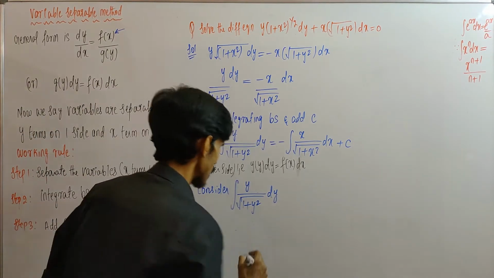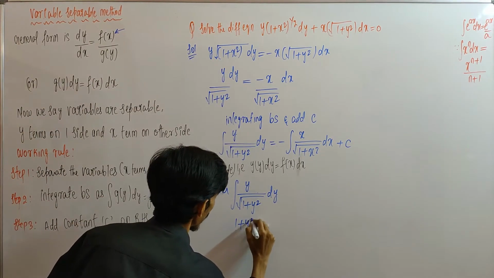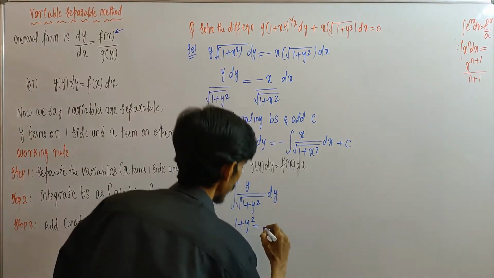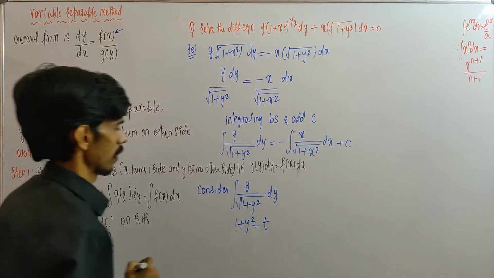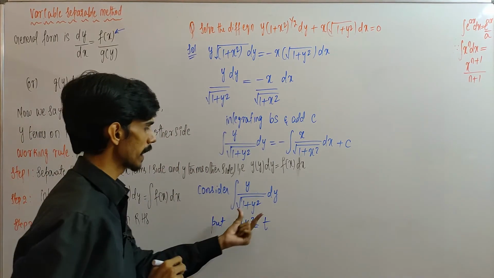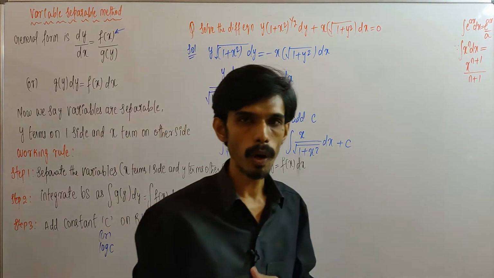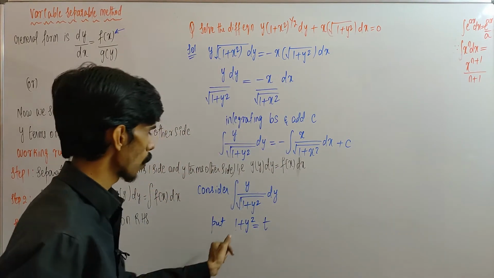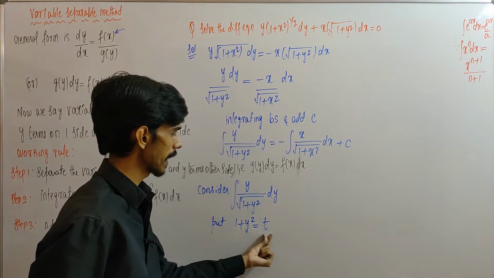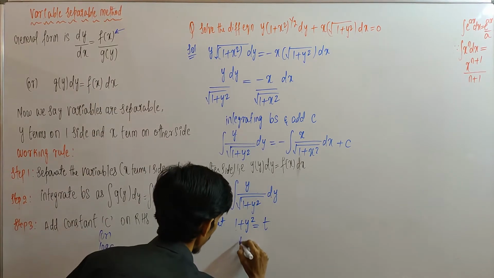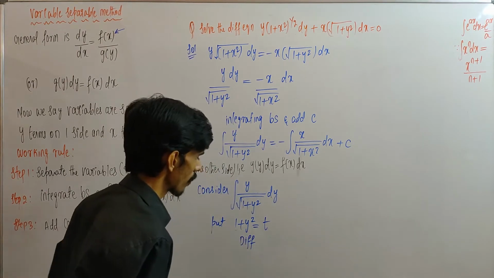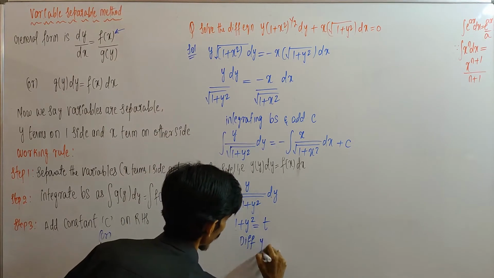Now take this 1 plus y square as some dummy variable t. This integral can be solved by proper substitution. So 1 plus y square is t. Under root value is taken as t. Now differentiate this function, that is function of y, with respect to t.